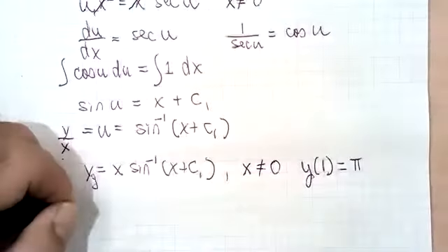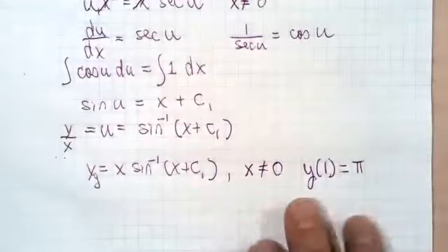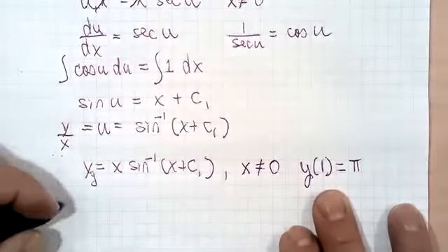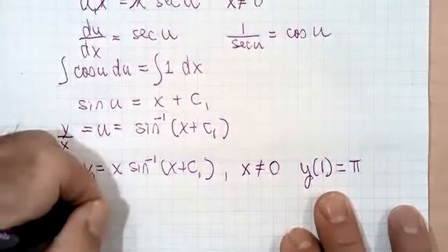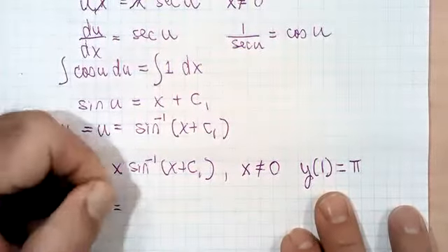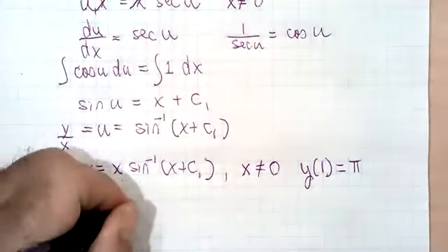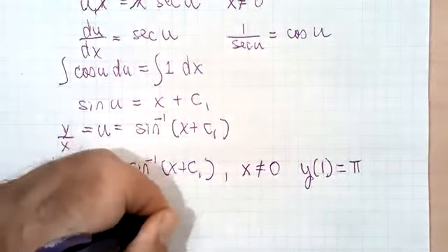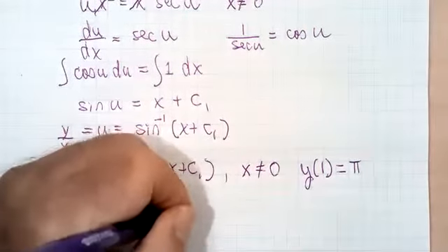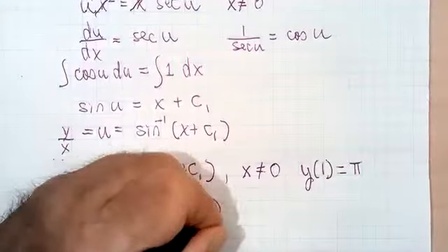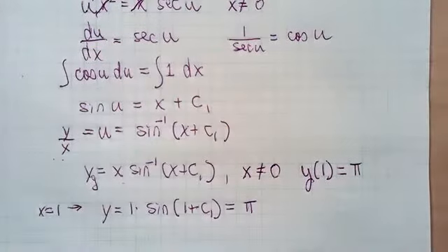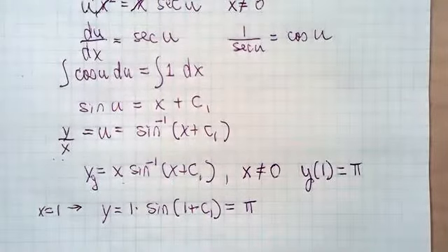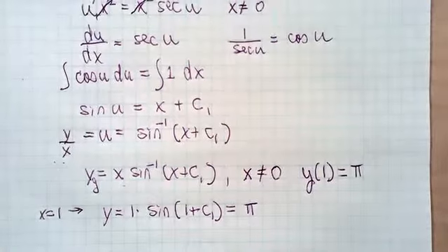So, okay, if we set x equal to 1, this gives us y is equal to 1 times the inverse sine of 1 plus C1, which is supposed to be equal to pi. How convenient. Oh, inverse sine.